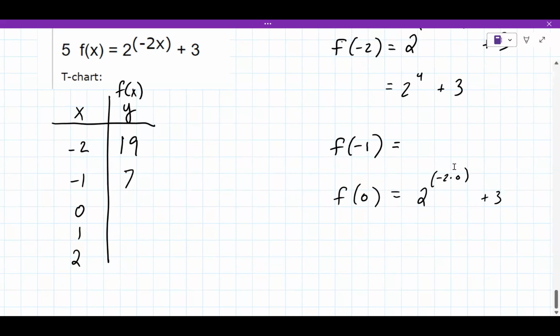So you have to multiply inside the parentheses first. -2 times 0 is 0, and then it's 2 to the power of 0. Anything to the power of 0 is 1. Oh, oops. So the answer would be 4.